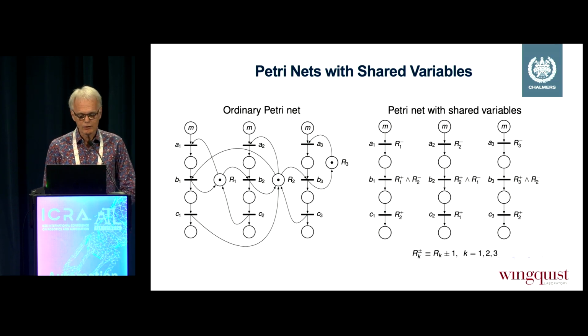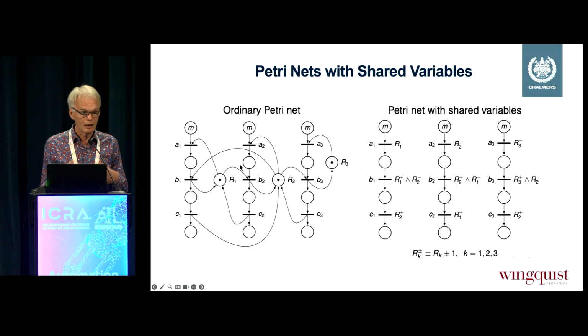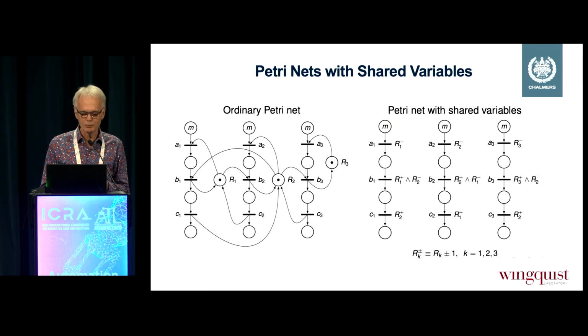Okay, I will use a Petri net example where you can see that you have typically 3 flows. Flow of parts. I assume that I have m parts in every initial place. And you see also I have 3 resources here, and they are related to these different sequences in a bit complicated way.